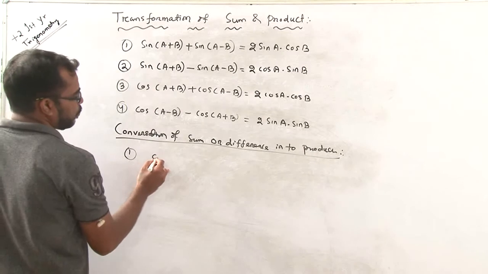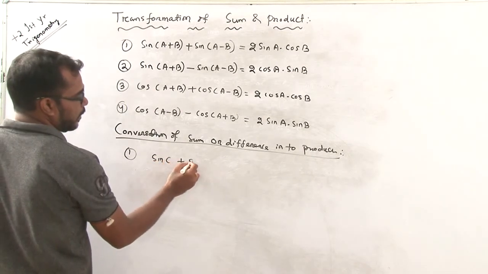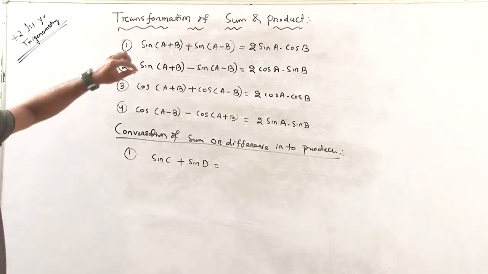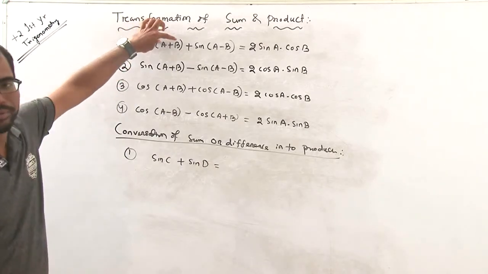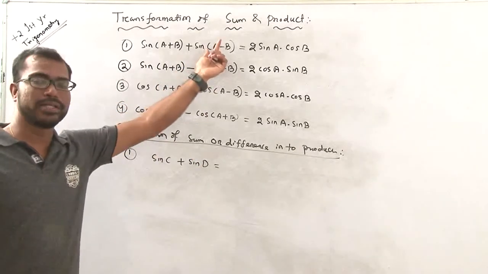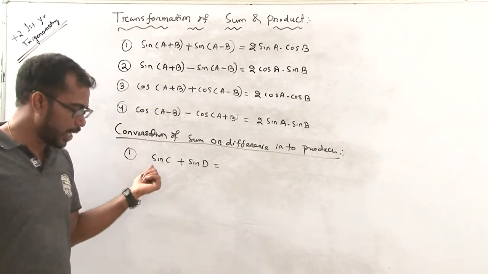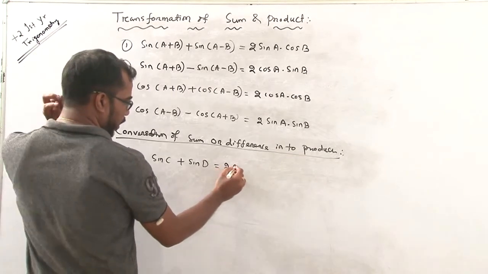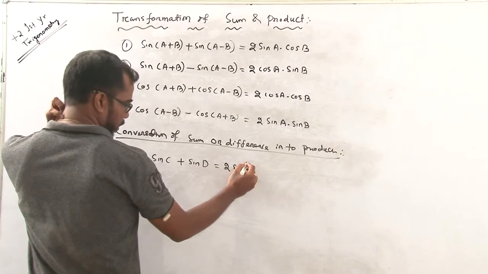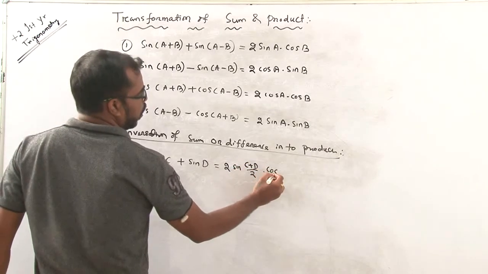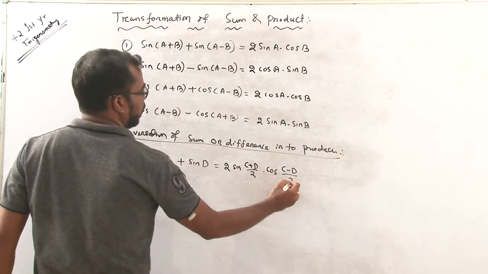The first formula is sin C plus sin D. If we put C in terms of A plus B and D in terms of A minus B, then sin C plus sin D you can write as 2 sin((C + D)/2) cos((C − D)/2).